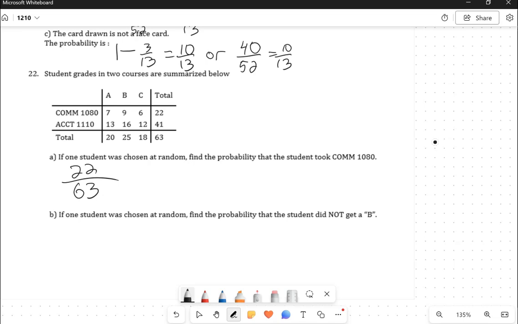That doesn't reduce. You could also say there are 7 A student COM 1080s, there's 9 B students, and 6 C students. You could do it that way as well. In other words, you could individually see all the COM students over the total, or you can utilize the fact that they already found a total for you.